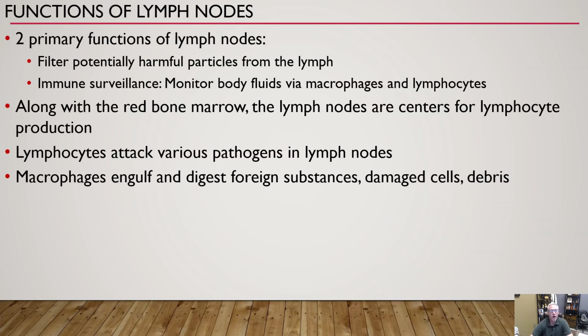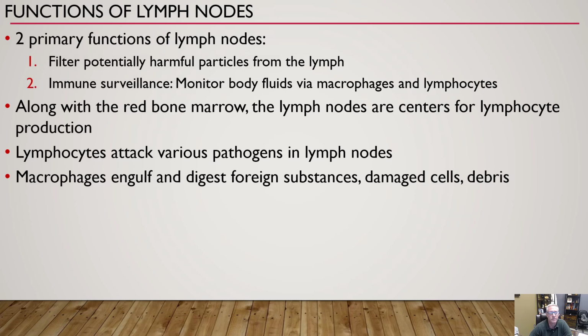All right, so functions of lymph nodes. We have two primary functions of lymph nodes. They filter out harmful or potentially harmful particles from the lymph, and they also provide immune surveillance. They're going to monitor the body fluids. Remember macrophages and lymphocytes. And remember, anytime that I say lymphocytes, you should be thinking of B cells and T cells.